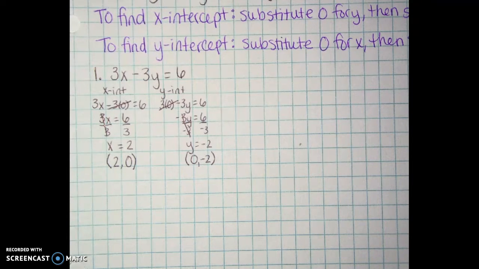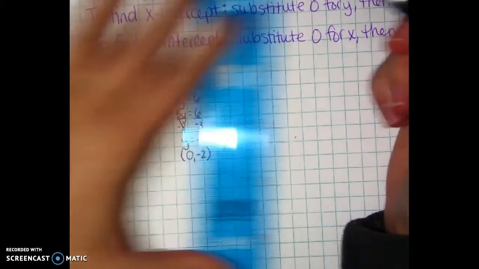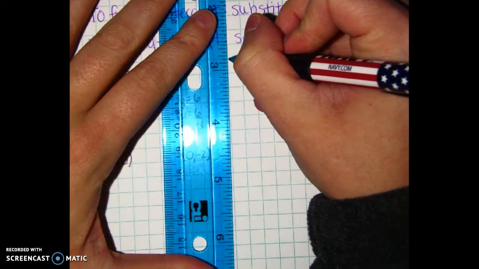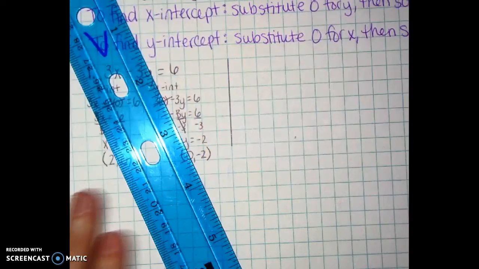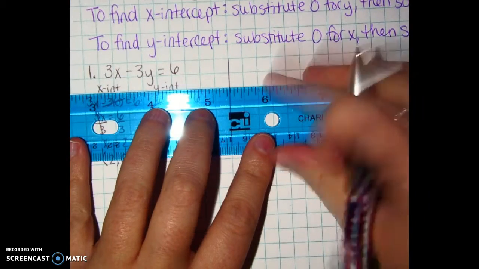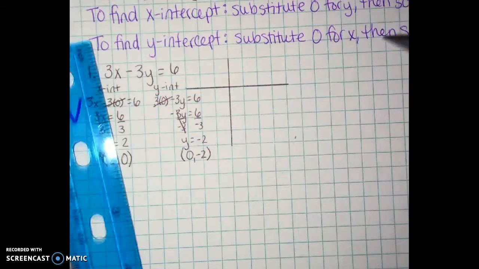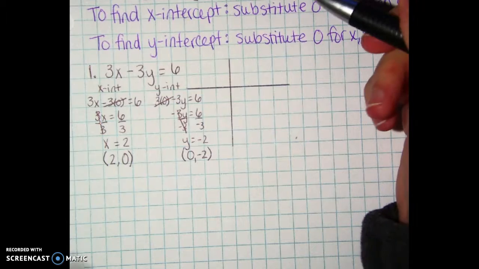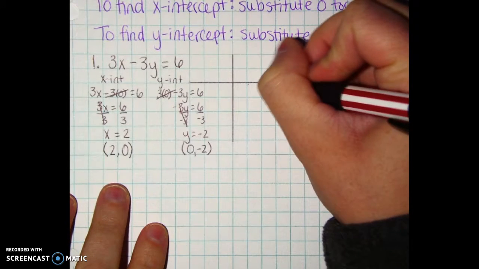Now I'm going to graph it. So you need to just make a little graph, because these numbers aren't that big. Okay, so my first point is 2, 0, so 1, 2, and up 0.